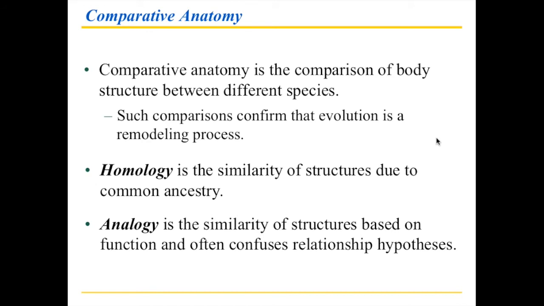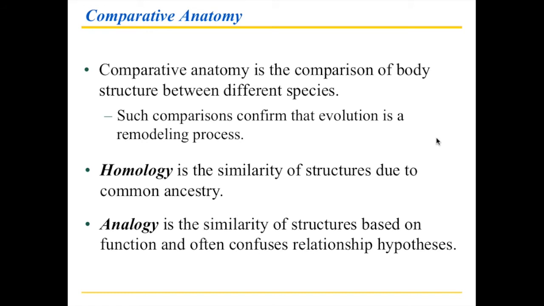Now, the reason why this is sometimes confusing is when you look at structures that are similar in terms of what they look like and similar in terms of function, but they're not based on common ancestry. Think about penguins and dolphins, or penguins and seals. Well, they have flippers, right? The penguins do.